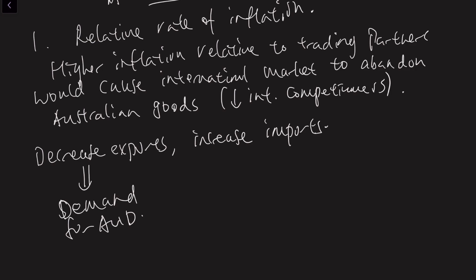So in this case, if exports decrease due to a higher price or higher rate of inflation relative to the rest of the world, then we would have a lower demand for the Australian dollar. Similarly, for imports, you need to convert your currency to maybe Chinese yuan, Japanese yen, or euro when you buy stuff from foreign sellers. And this represents the supply. You need to sell the Australian dollar in order to get foreign currencies.